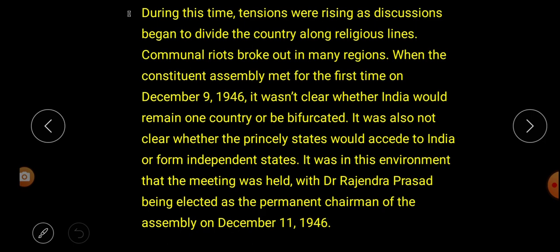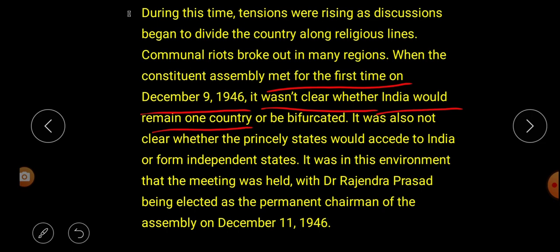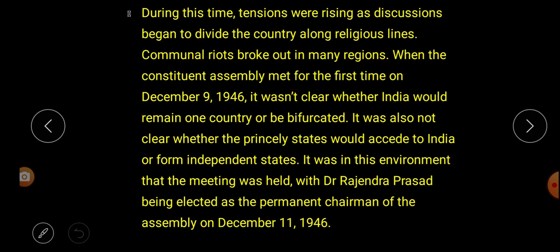When the Constituent Assembly met for the first time on December 9, 1946, it was not clear whether India would remain one country or be bifurcated. Listen. It says that when the Constituent Assembly was established for the first time, on December 9, 1946, it was not clear whether India would remain one country or be bifurcated.